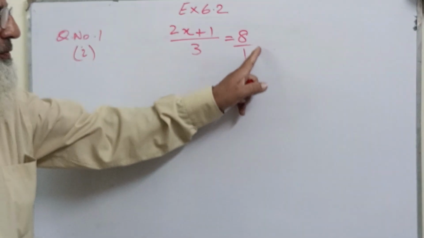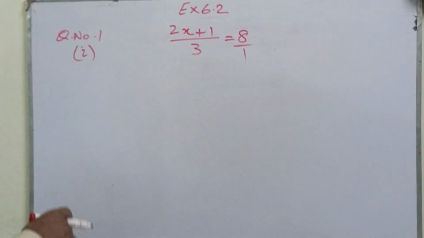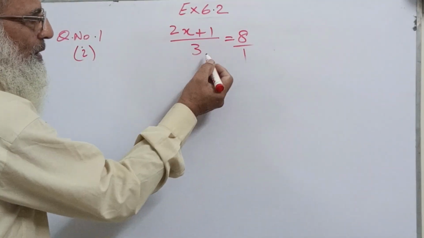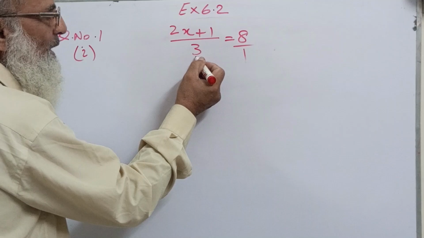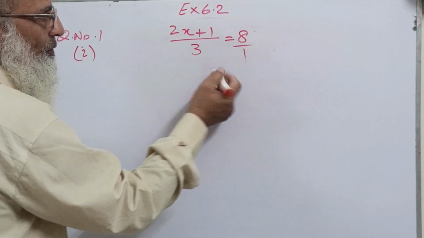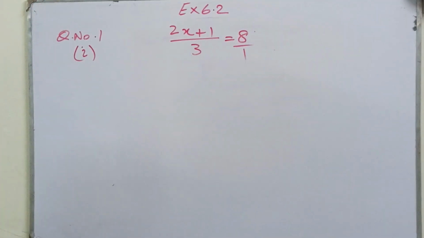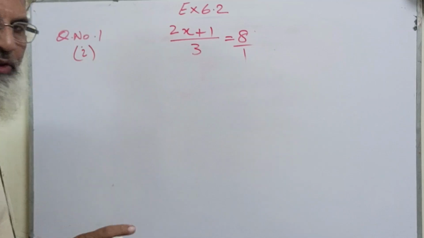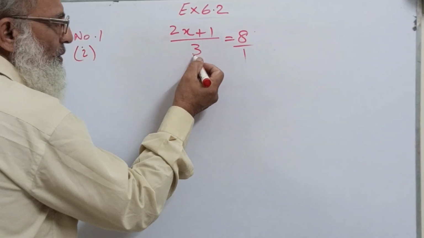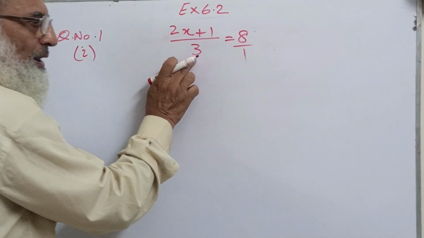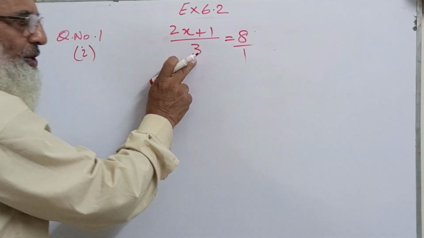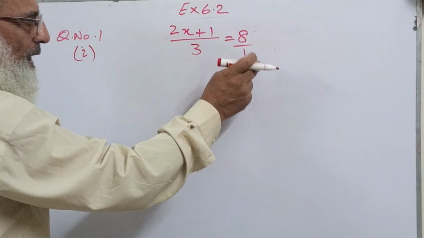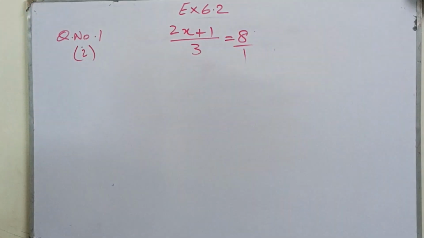So cross multiplying means multiplying this term with this one. When the sign of equality is there, you can always cross multiply: multiply this denominator with this numerator and this denominator with this.